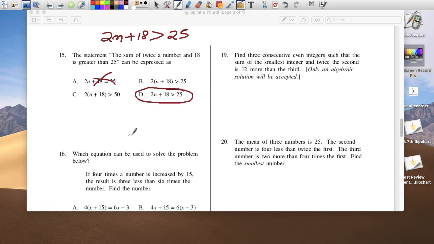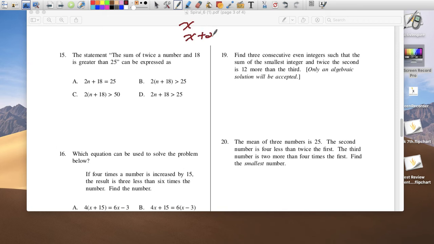Number 19. Find three consecutive even integers such that the sum of the smallest integer and twice the second is 12 more than the third. So first of all, let's establish our integers. Here's my first even integer, x, the second one's going to be x plus 2, and the third one's going to be x plus 4.